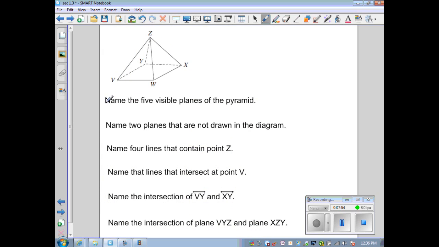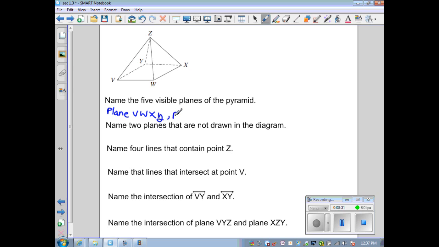Another example, name the 5 visible planes of the pyramid. We could have the base of the pyramid, which would be plane VWXY. Then the sides of the pyramid, which are 4 separate triangles.